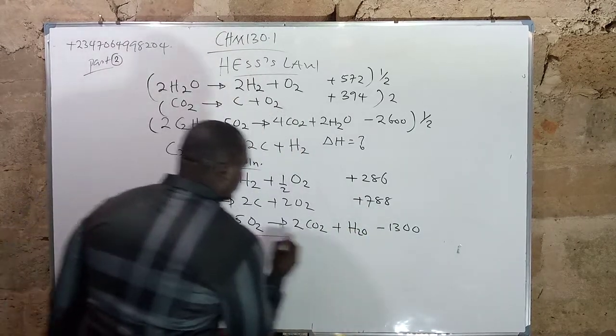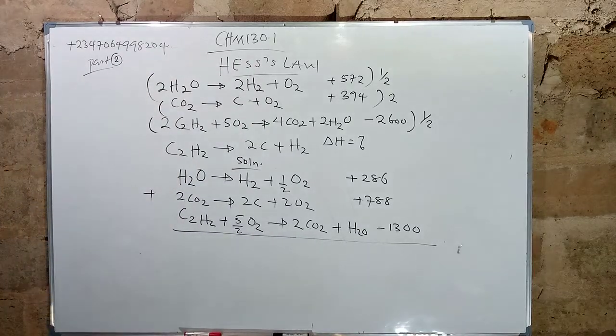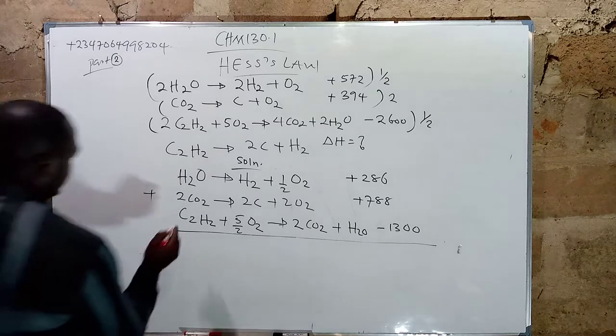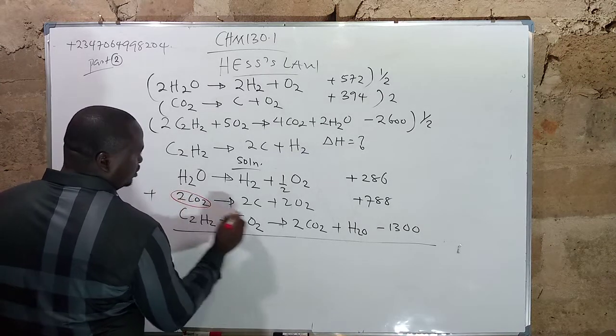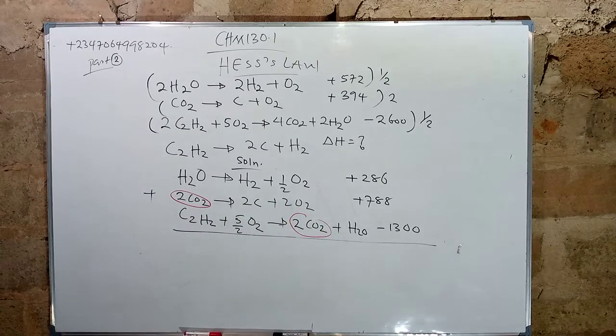Of course, what we have to do is to add everything, right? But then we have to cancel out first. Now look at what is happening here. Pay attention very well. Do you know what we're going to cancel out first? Of course, the CO2 will cancel out, right? The next set of things that will cancel out is your oxygen.